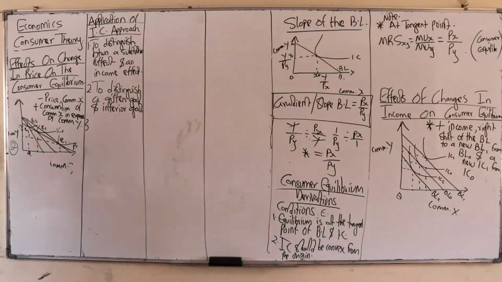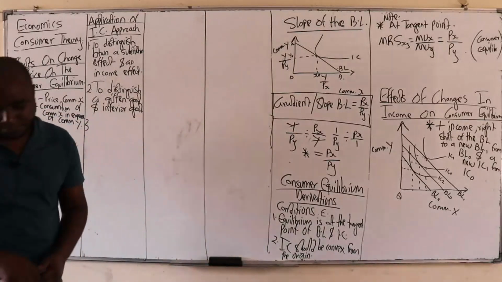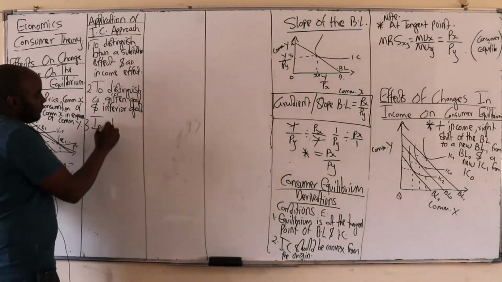Number three is in the determination or derivation of the income demand curve.